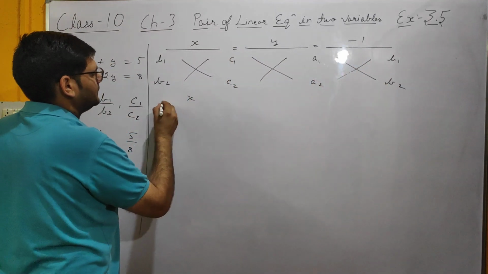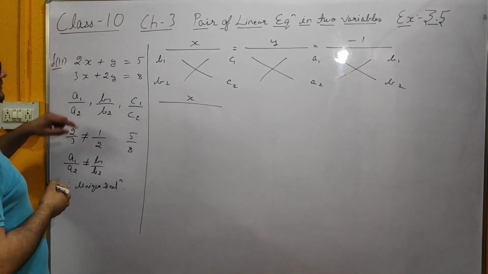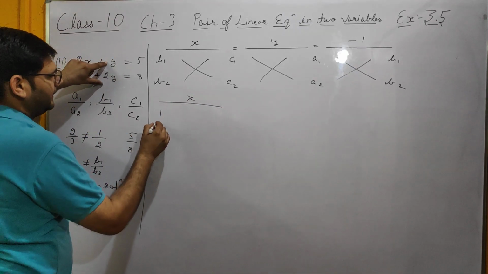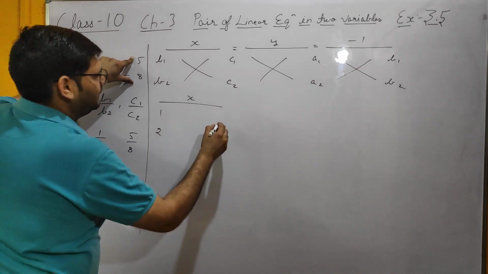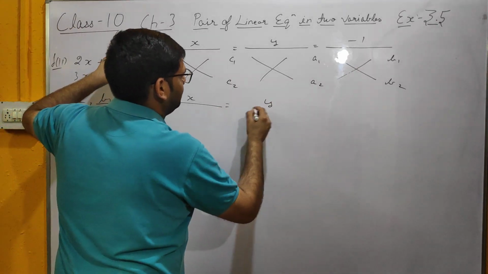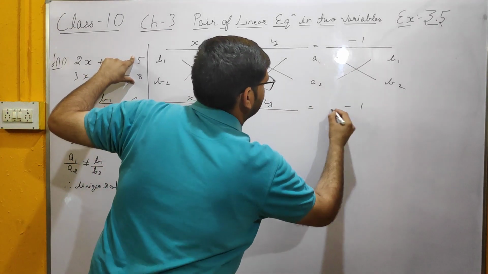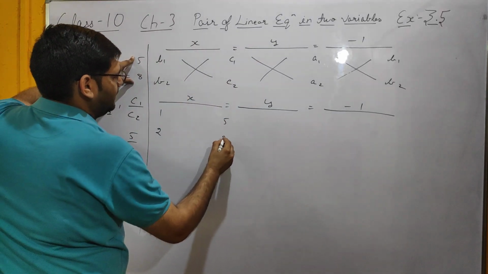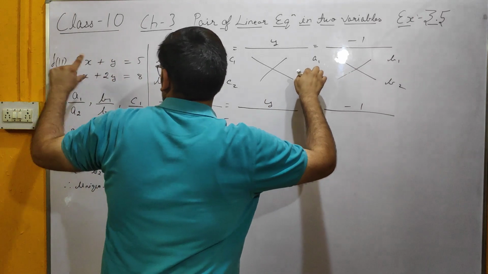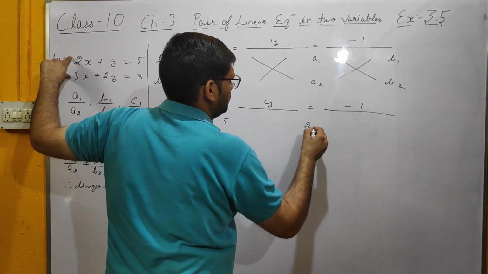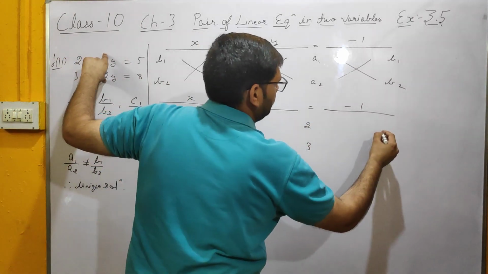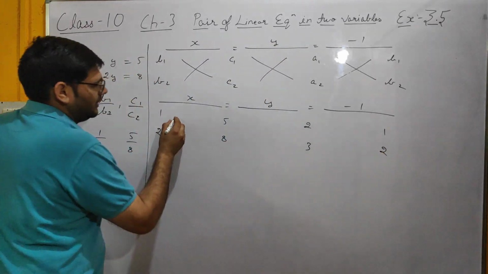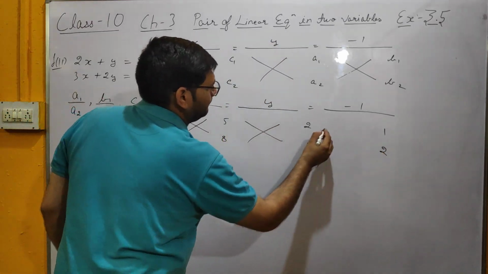Now x upon, what is b1? 1, and here 2. Then equal to y, equal to minus 1. What is c1 and c2? 5 and 8. Then what is a1 and a2? 2 and 3. Then again 1 and 2. Now cross multiply them.